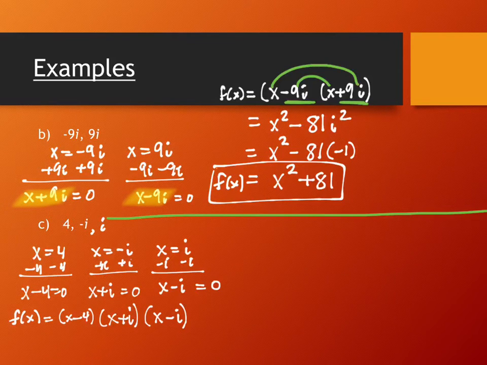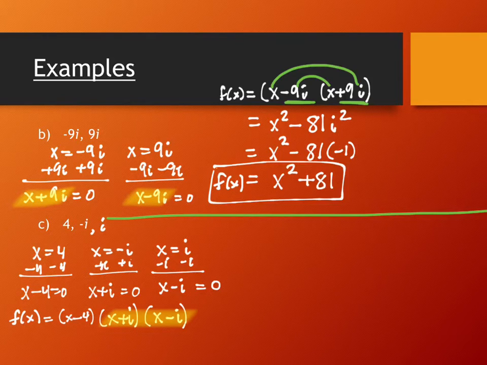But it's going to be a lot easier if you do the conjugate pairs together first. So I strongly recommend that you do that because the conjugate pairs will eliminate the i's, much like they did on part B, if I do them together first, and I do the x minus 4 last. So we're going to multiply out these two together first.